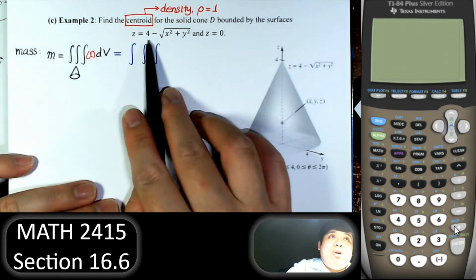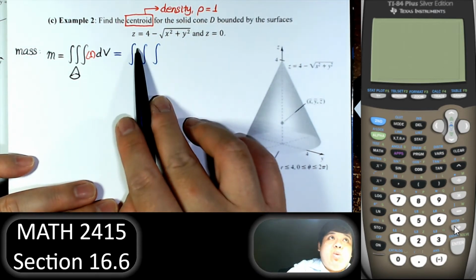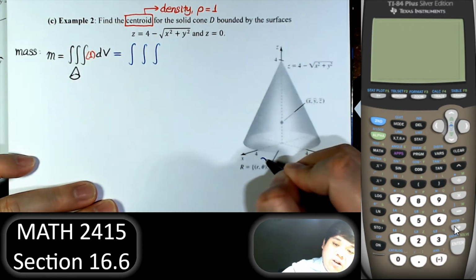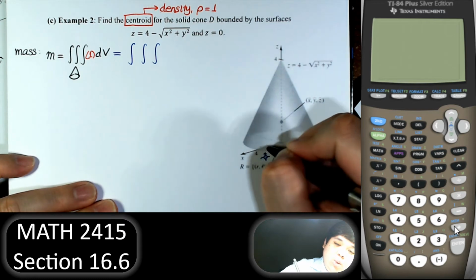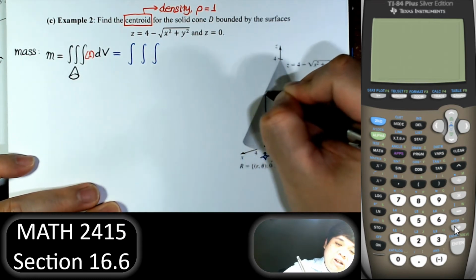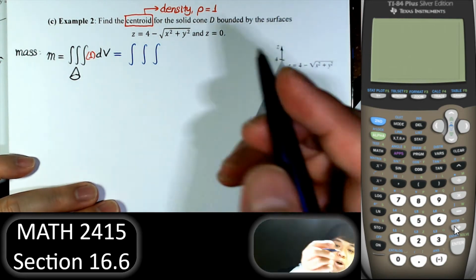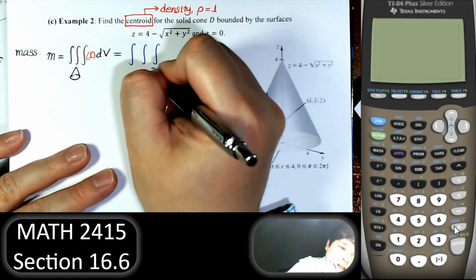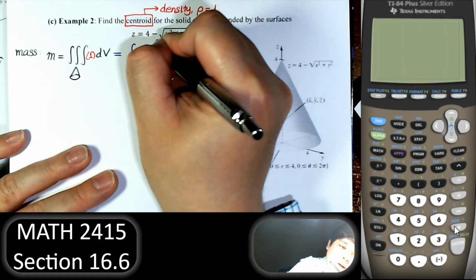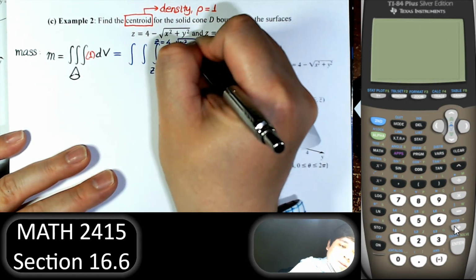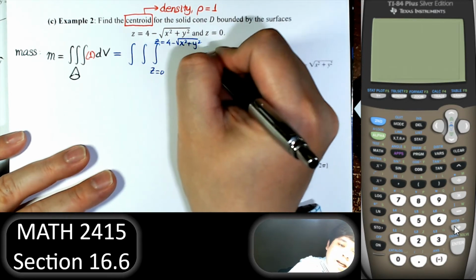Since I have z bounded by two functions, it would be wise to put dz in the middle. And if we look along the z-axis, we see this plane first, and then we see the diagonal plane, the side of the cone. So z equals 0 from the bottom, z equals whatever that is. And then dz.